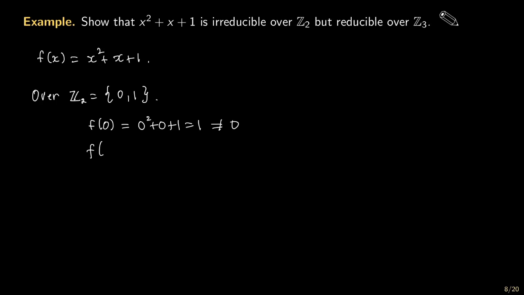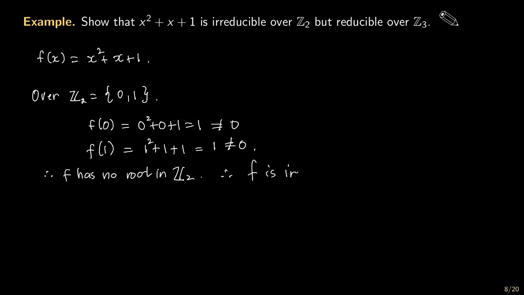If you evaluate f at 1, you get 1 squared plus 1, which over Z sub 2 is just 1, and again not 0. Therefore, f has no root in Z sub 2. Therefore, f is irreducible because it is of degree 2.